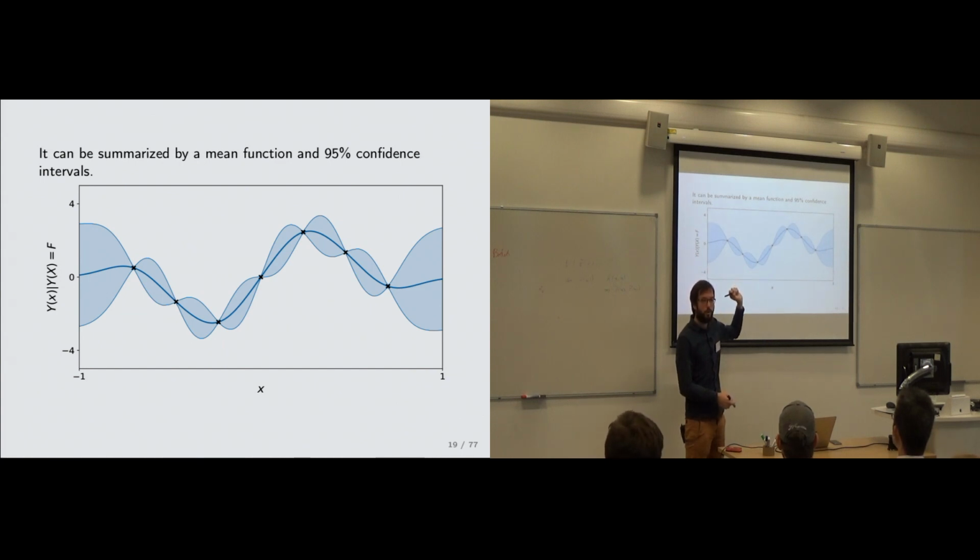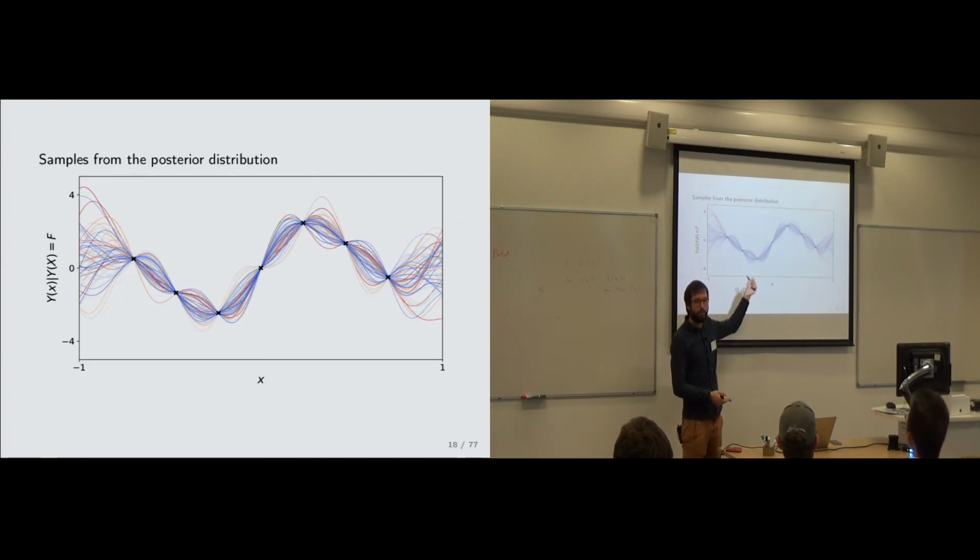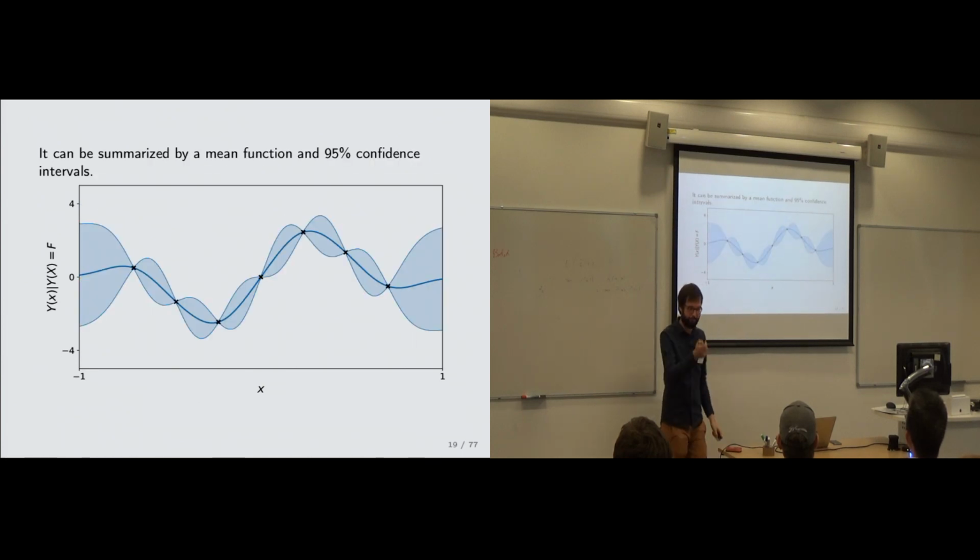It's a distribution of the functions. Yes. And I was just thinking, this shaded area makes me at first feel that anything within the shaded thing is fine, but it's not. No, that's right. That's why it's nice to look at samples. You have much more information when you look at samples than just looking at this.